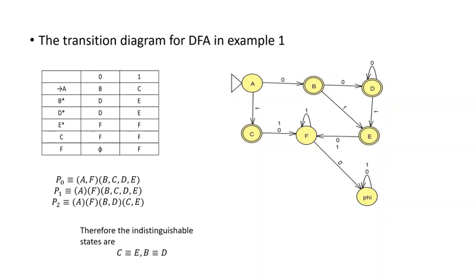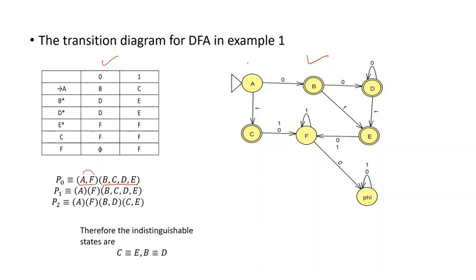For example, this was the DFA obtained for the example NFA, this is the transition table, and this is the corresponding DFA. According to our steps of the partition table, we initially divided it into non-final and final. This is the initial partition table. Then we check whether the pair A and F is distinguishable or indistinguishable.